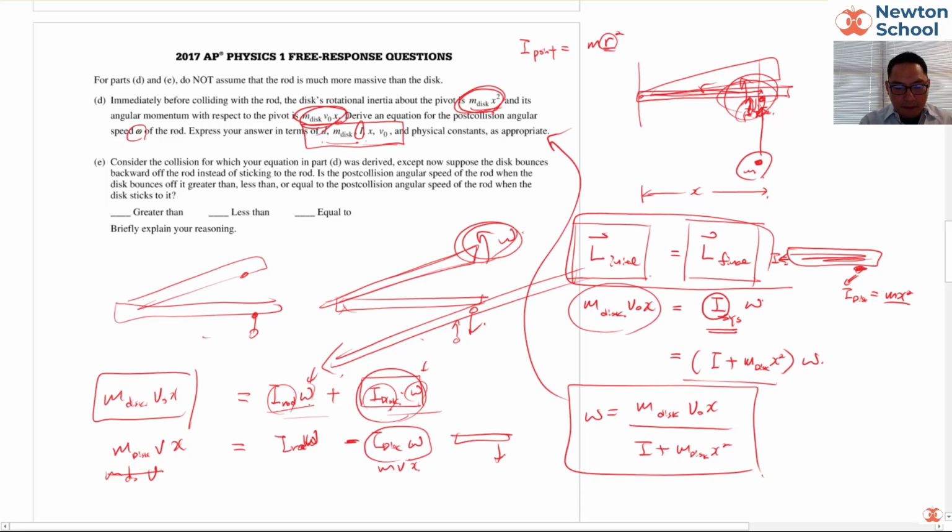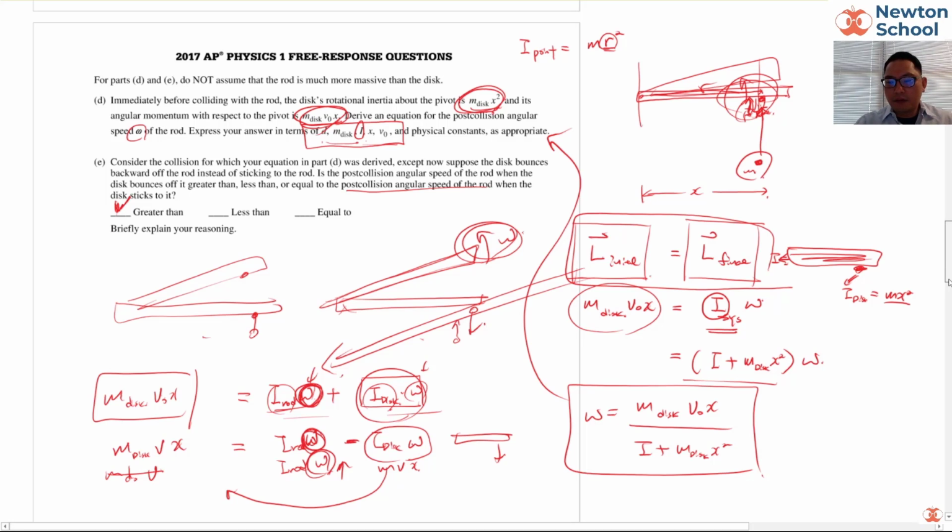We're talking about this omega, which is how fast the rod is spinning at the end. If you move this to the other side, this will actually go bigger. That's why the post-collision angular speed of the rod, if it rebounds, will be greater.